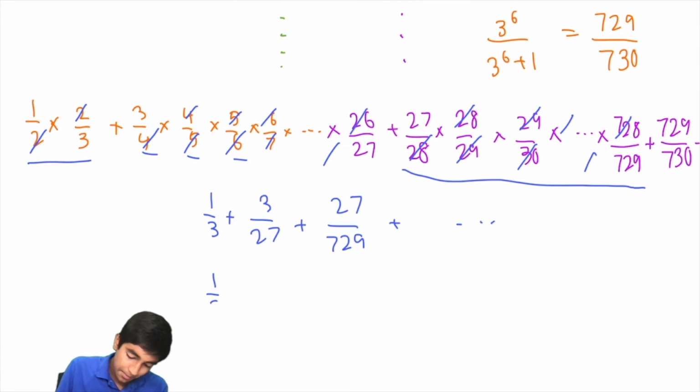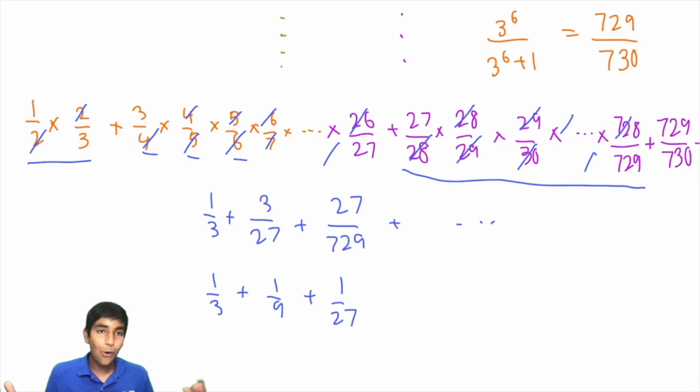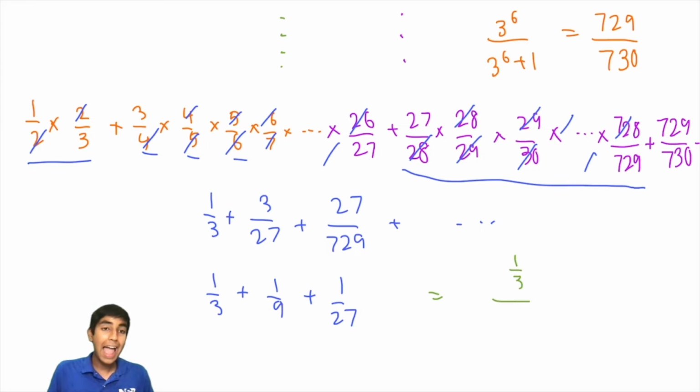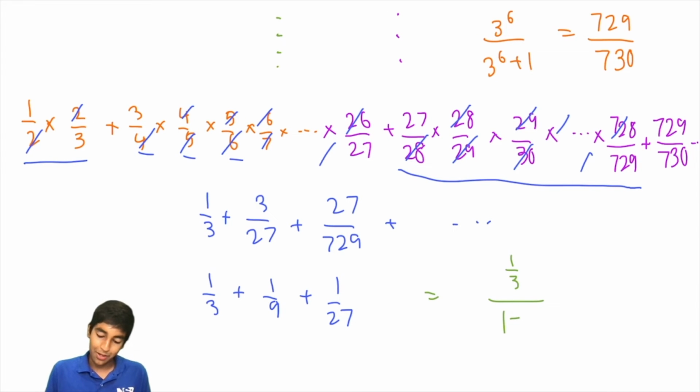This is a third plus a 9th plus a 27th. Wow, isn't that an infinite geometric sequence? This is an infinite geometric sequence with first term 1/3 and common ratio 1 minus 1/3. So it has a value of simply a third over 2/3, which equals half.